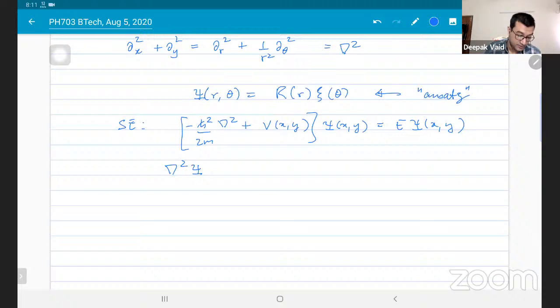Let's see what happens with, for instance, this del squared, and of course I should be writing psi of r comma theta.